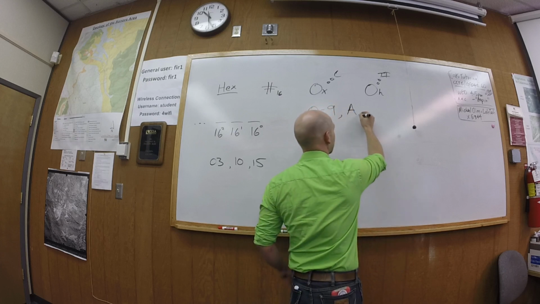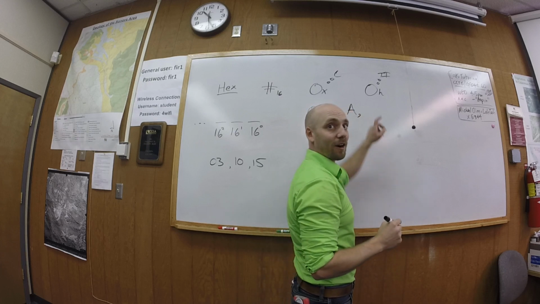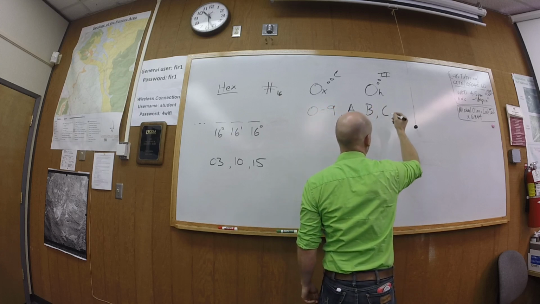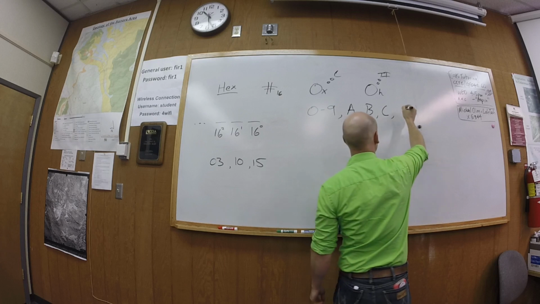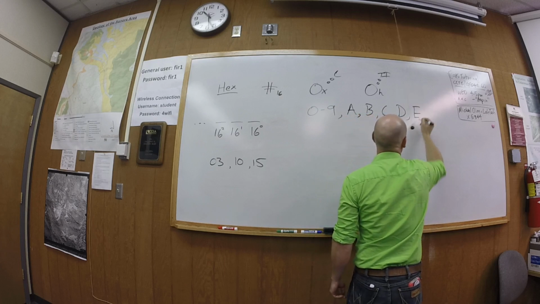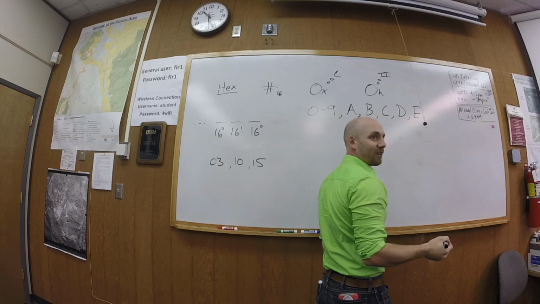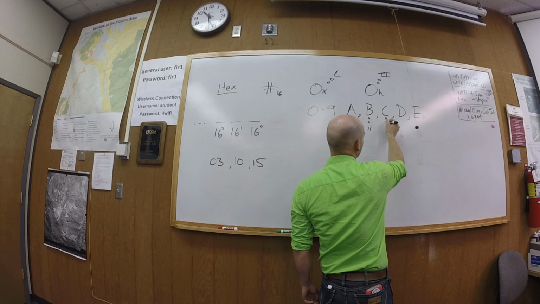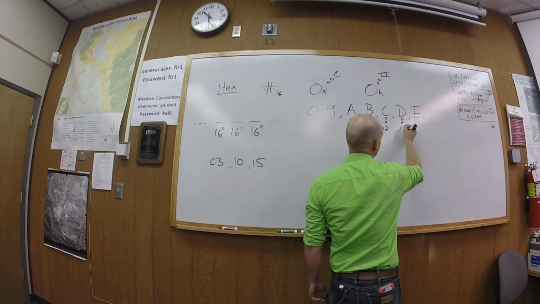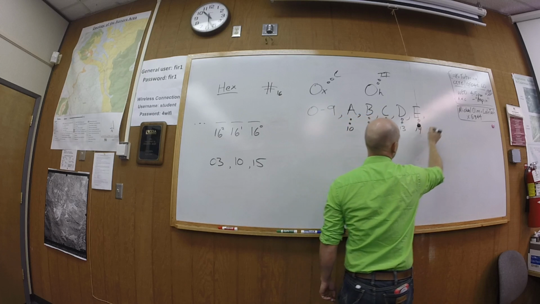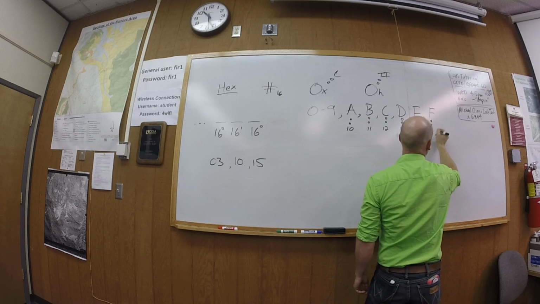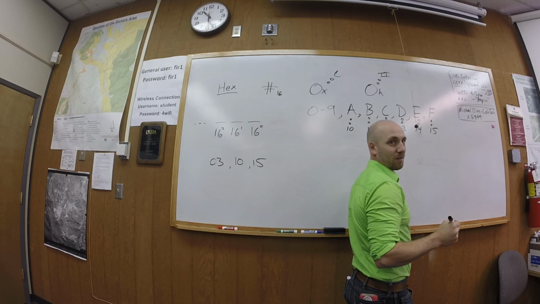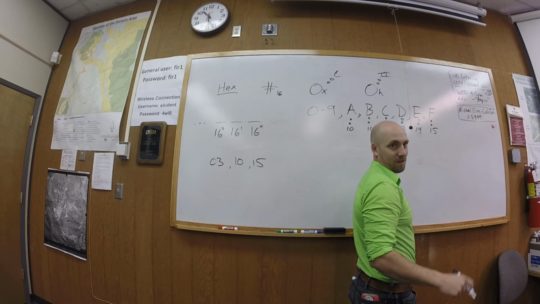Because A is 10, then I need a letter for 11 and 12, and how do I know where to stop? 10, 11, 12, 13, 14, 15. Stop. Why? Because we're in base 16 and 15 is 16 minus 1.